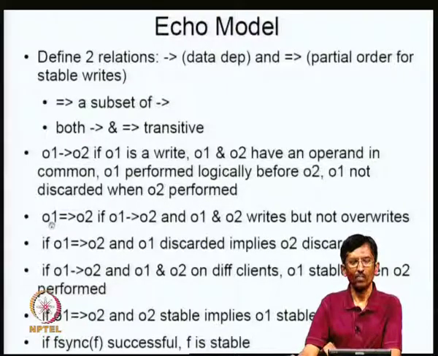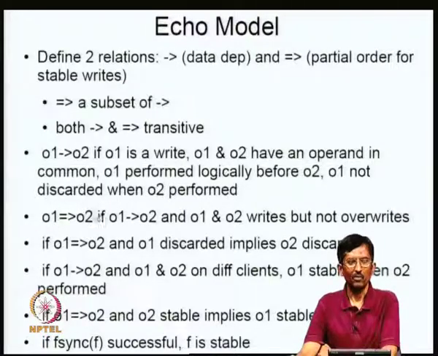If there is a partial order with respect to O1 and O2, okay, what is this saying? Let us say O2 depends on O1, and O1 and O2 are writes but not overwrites. So what are we saying here?